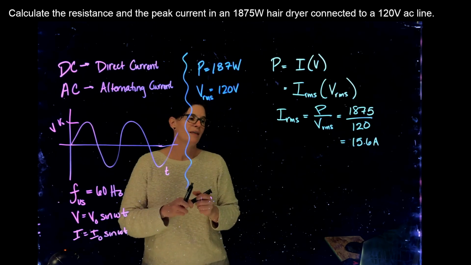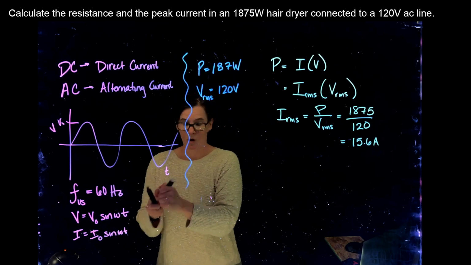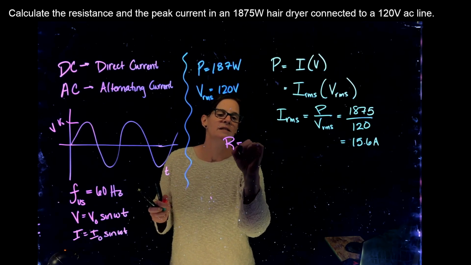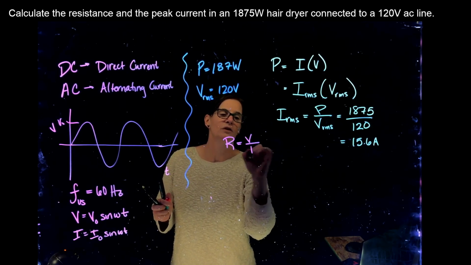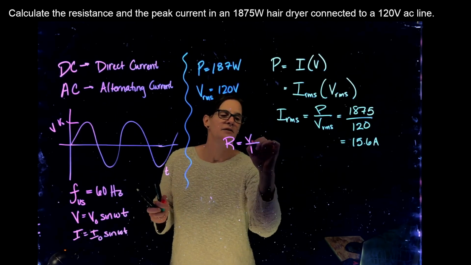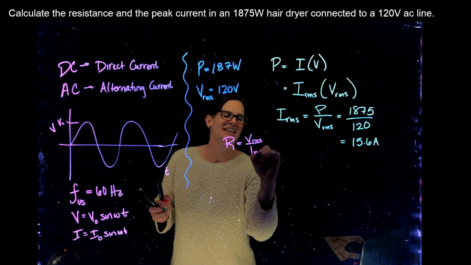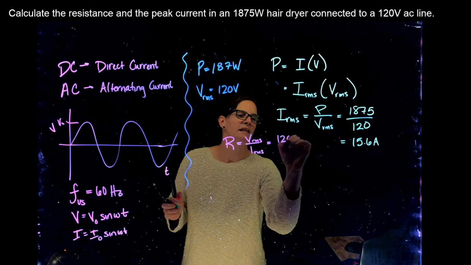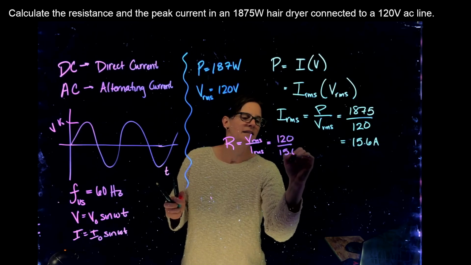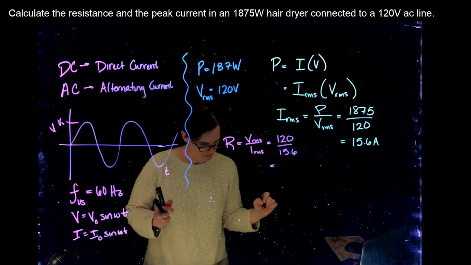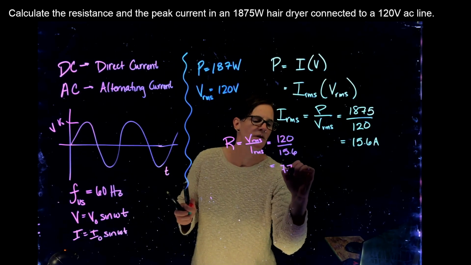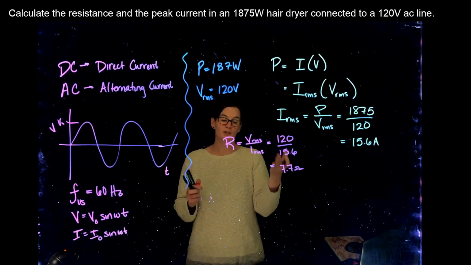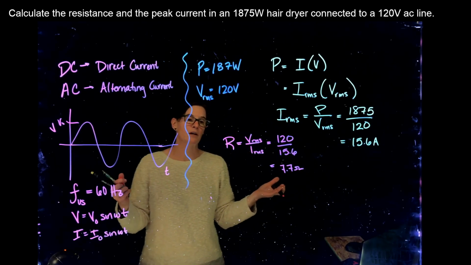We know that according to Ohm's law, the resistance is the voltage over the current, and so that's the RMS voltage over the RMS current. So that equals 120 over 15.6, and our resistance is 7.7 ohms. So we can use RMS values to determine the resistance, for example, of this hairdryer.